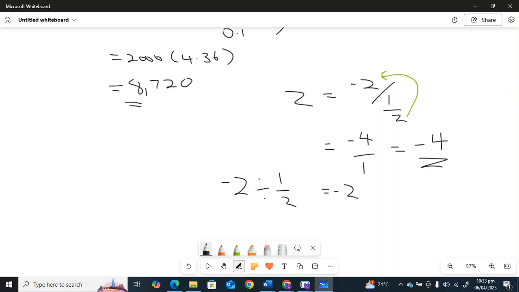So remember with fractions, when you are dividing, you change the sign. Yes. So these are shortcuts that I want you to know. Anytime you see a fraction at the denominator, just take the denominator and multiply it by the numerator, like how I did here.